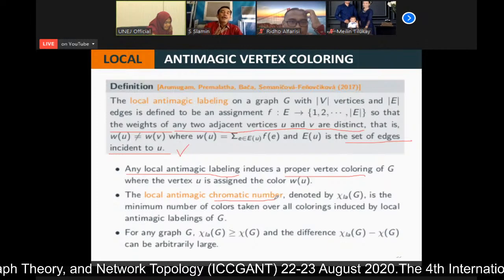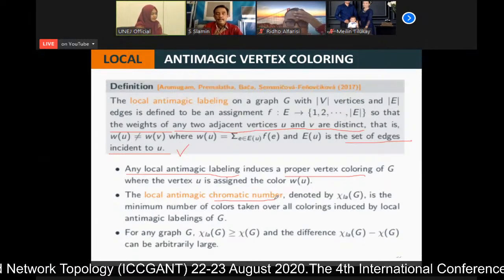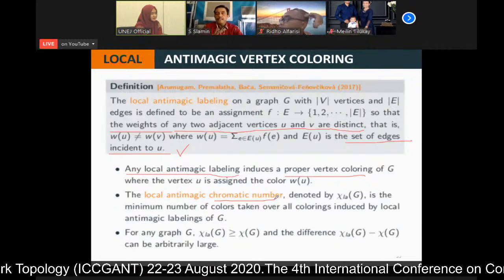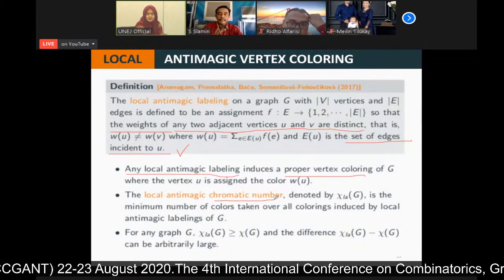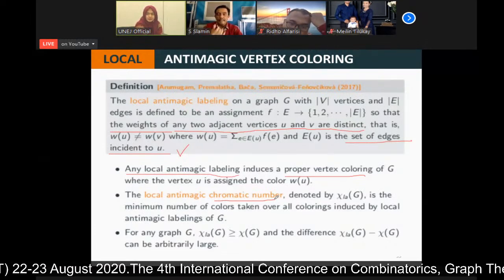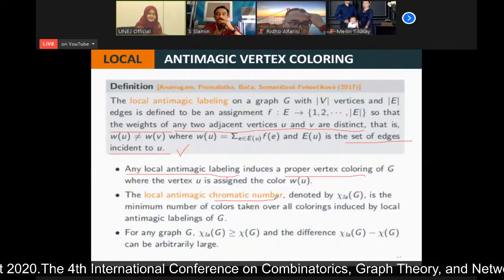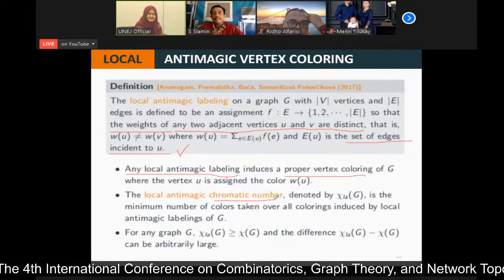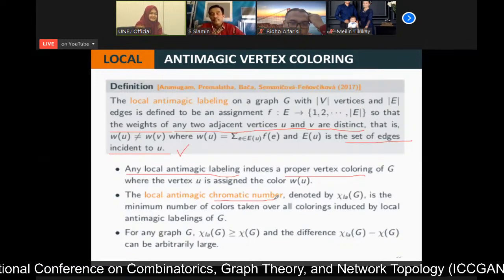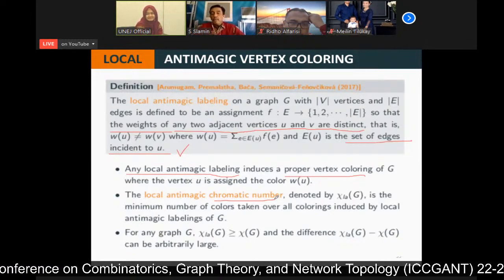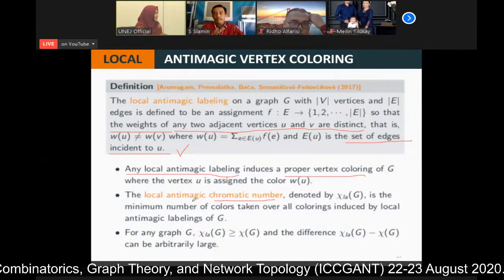For any graph G, chi-LA of G is greater or equal to chi of G. I think it is simple because, of course, the classic chromatic number, the original chromatic number, will be the lower bound of this local anti-magic chromatic number.